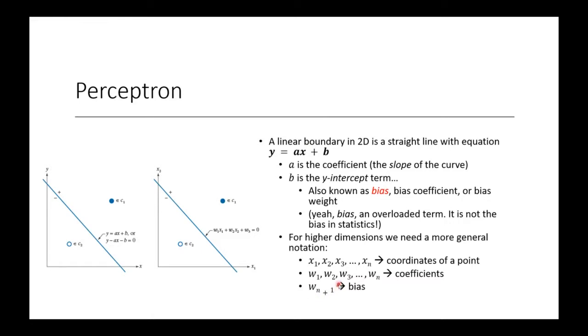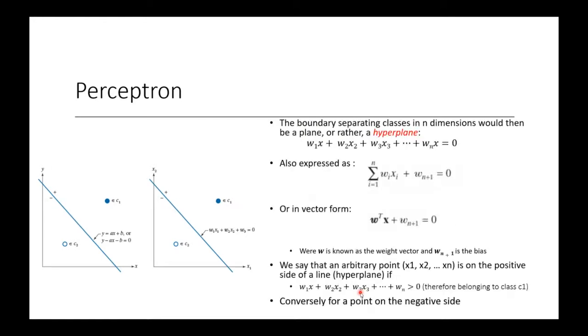And we usually use Wn plus 1 as the bias term, as the intercept term. So the boundary separating classes in more than 2 dimensions is not called a line, but a hyperplane. This is an equation of a plane.